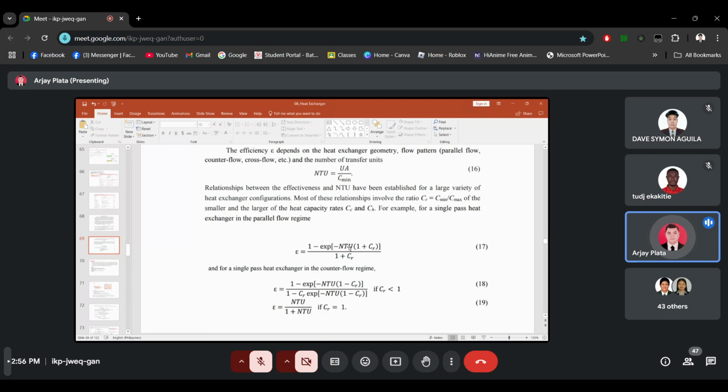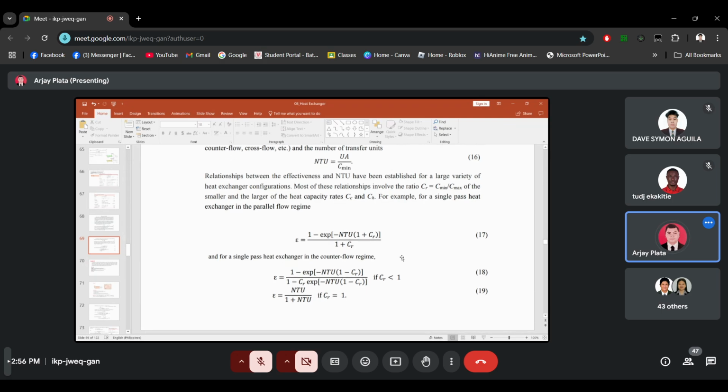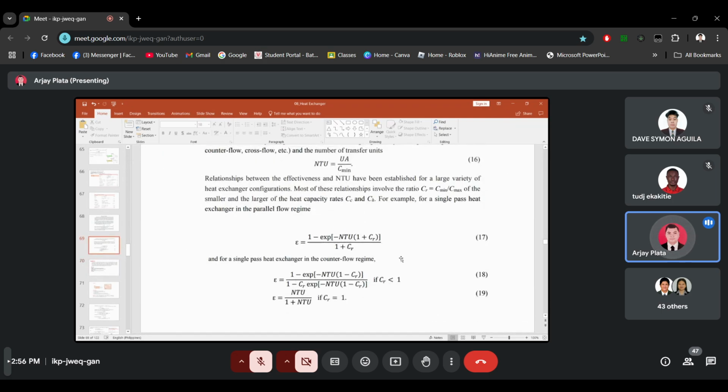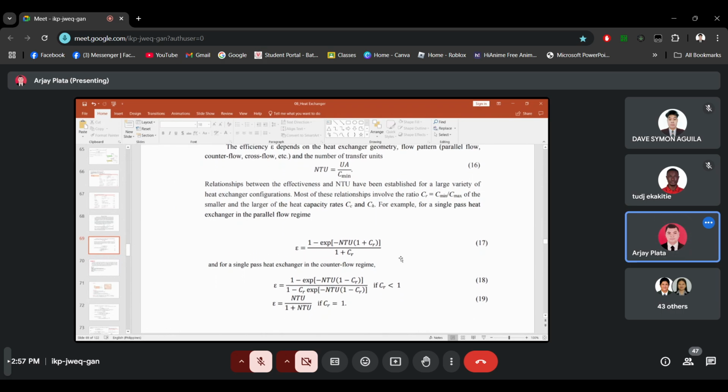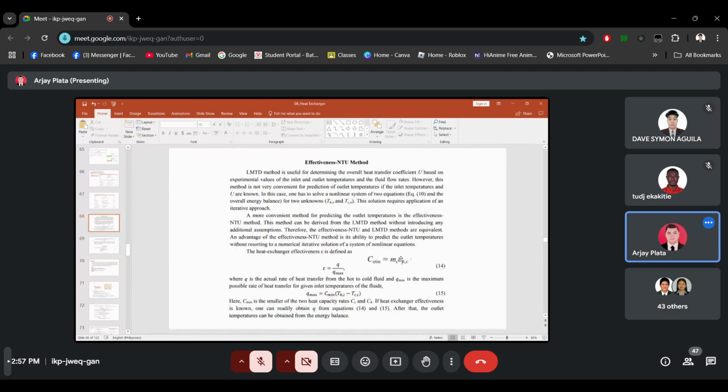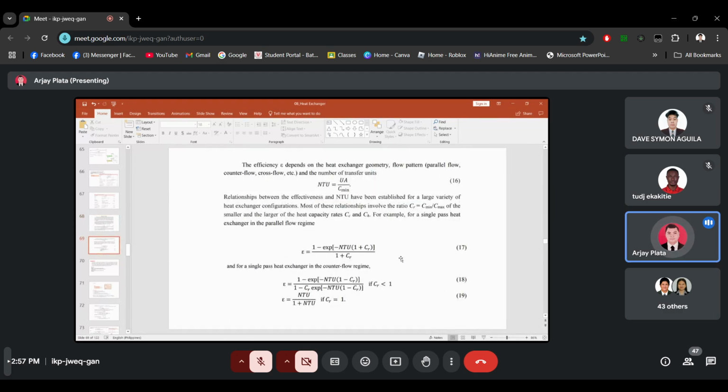Okay, so going back, we have some examples. If you look at your table, you can find them in Table 11.3 or 11.4, if I'm not mistaken, but all of the formulas are there.